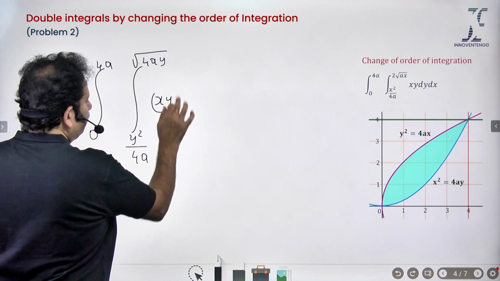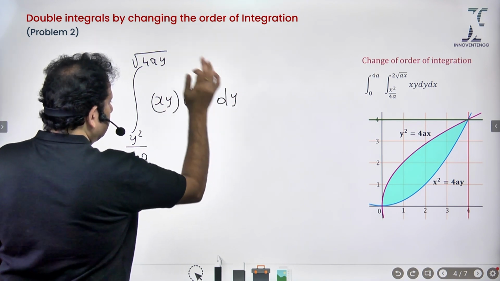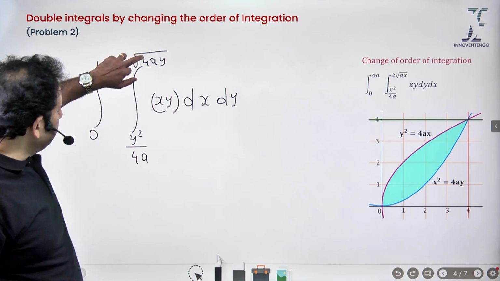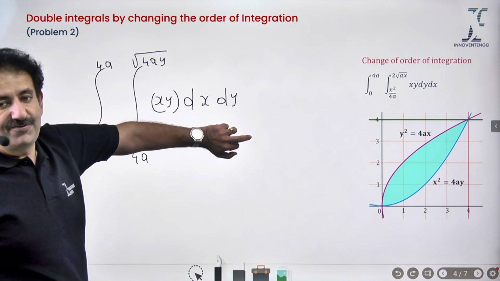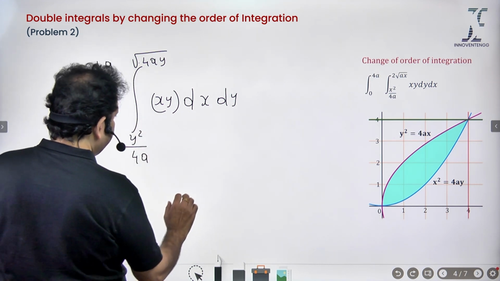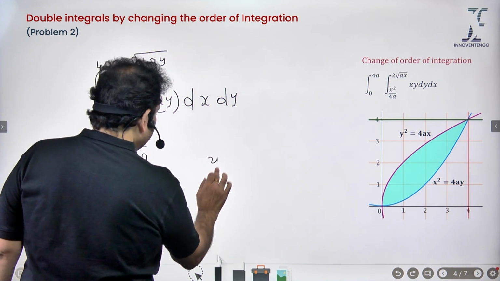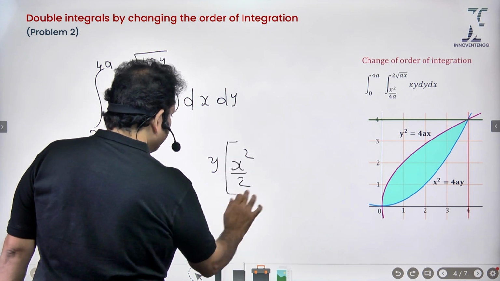So x, y, and then the first is with respect to x, then with respect to y. It is infallible because the moment you look at the limits which are in y, you will automatically write x here, then y here, right? So now if I integrate with respect to x, what will I get? I will get y constant, I'll get x square by 2, and what are my limits?